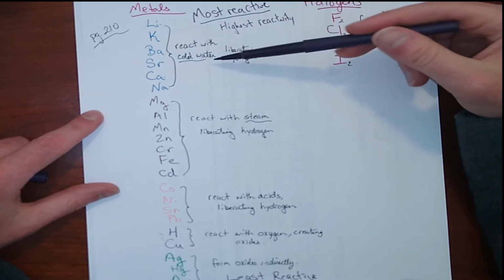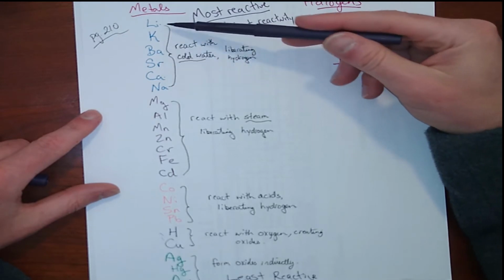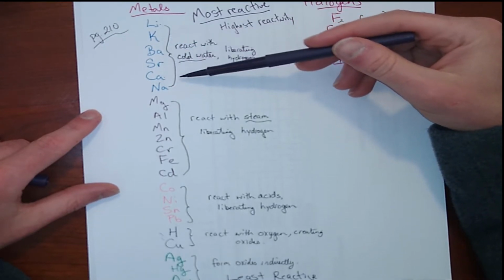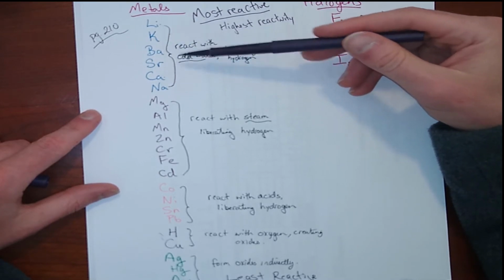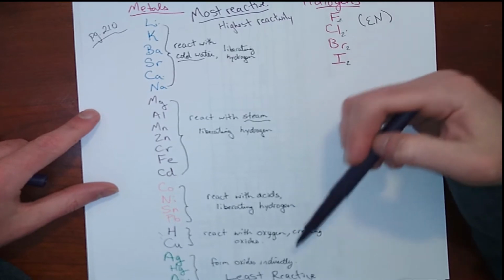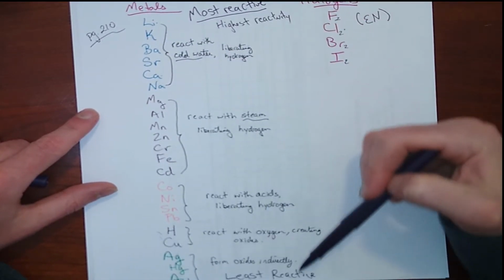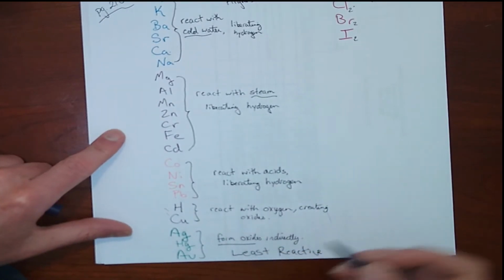And these different categories here are just kind of general sets of these elements, which, due to the degree of their reactivity, are able to react with different compounds. So the least reactive ones will form oxides in some cases.